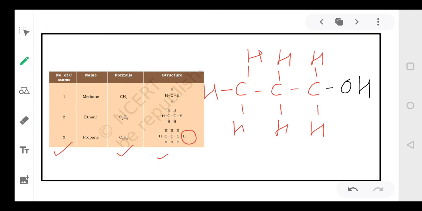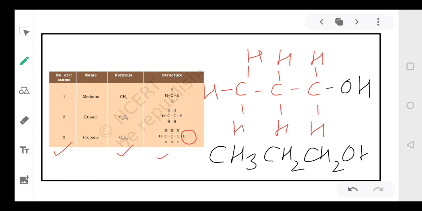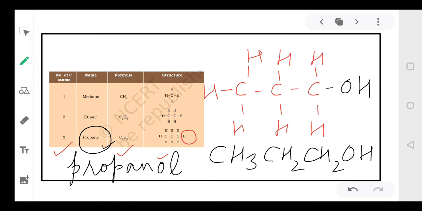Now the formula is CH3CH2CH2OH. What was the name of the alkane? Propane. Now remove the E and put OL in its place. So propanol. The name of this compound is propanol.